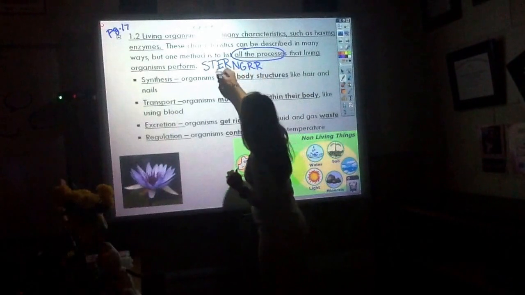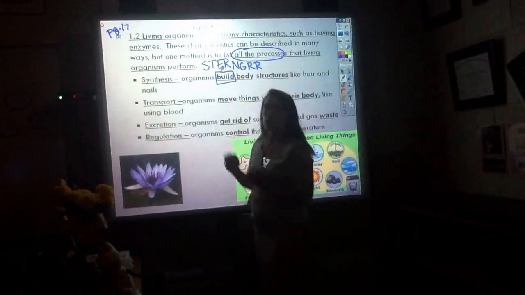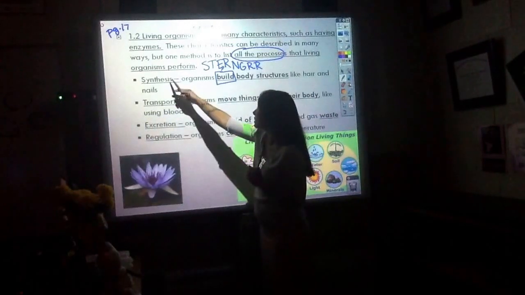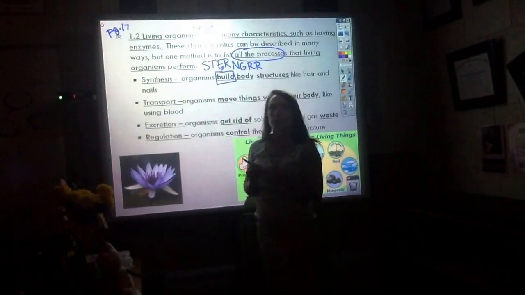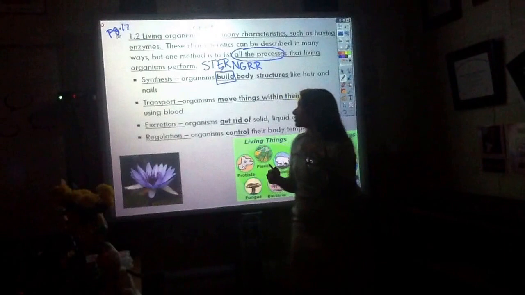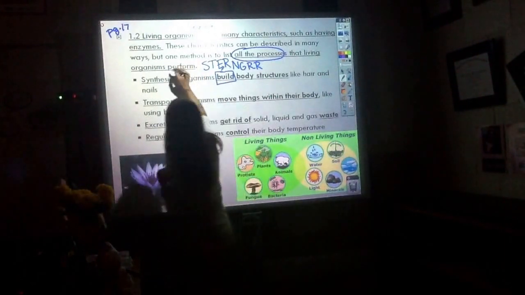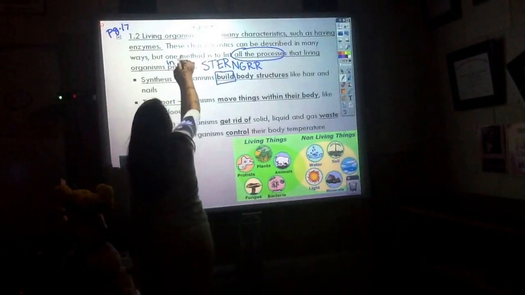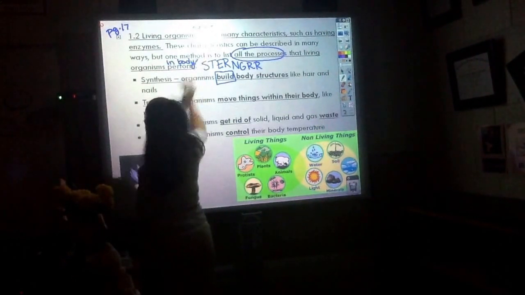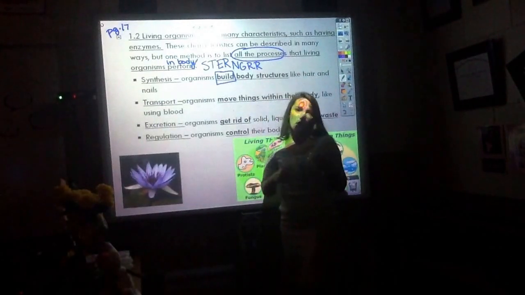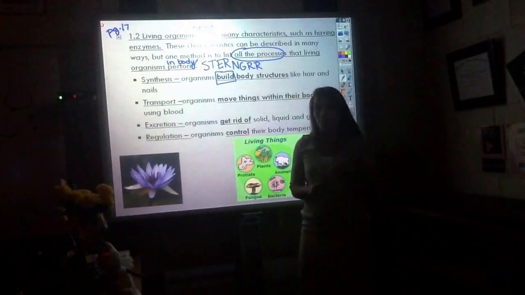Synthesis means to build. So put a little box around this because the shortest definition that you can memorize is that synthesis means to build. But it doesn't mean to build a house. All of these processes are being performed in the body of the organism. So when we talk about synthesis and building and making, we're not talking about making a sandwich or building a house.